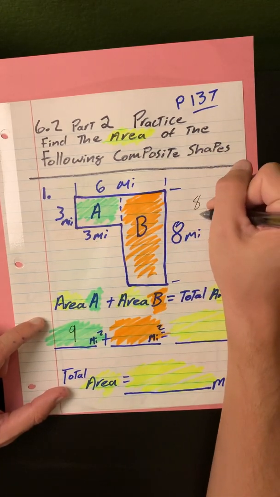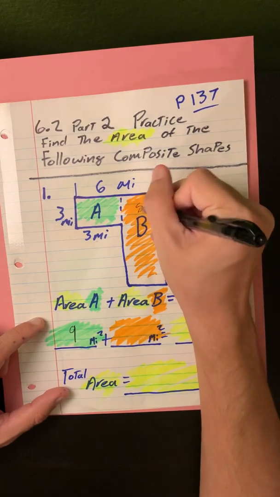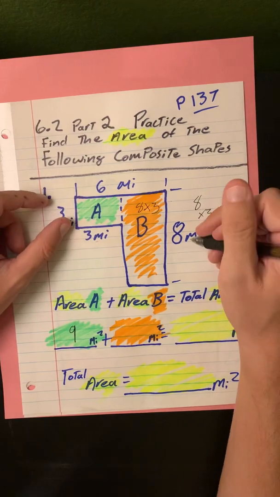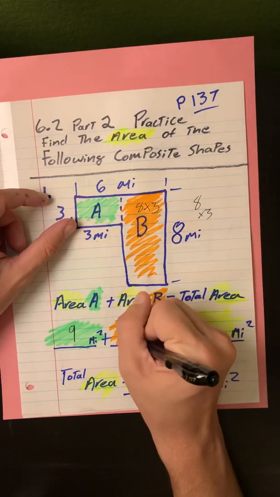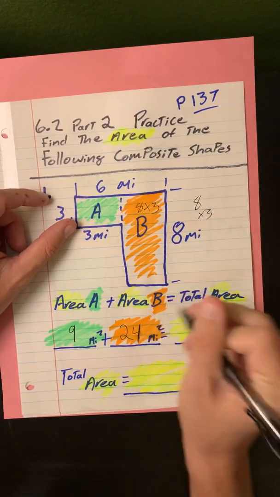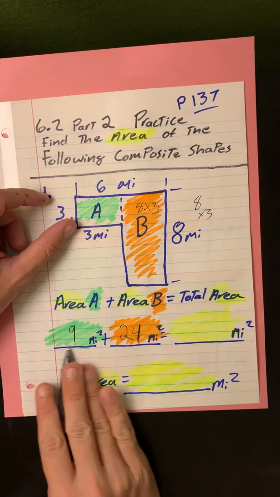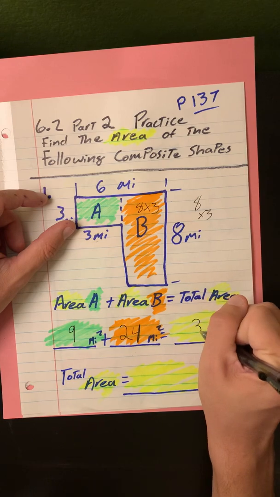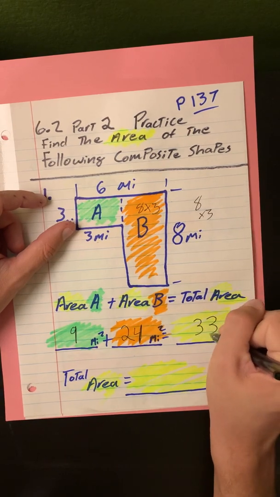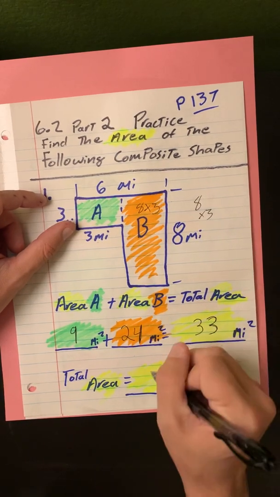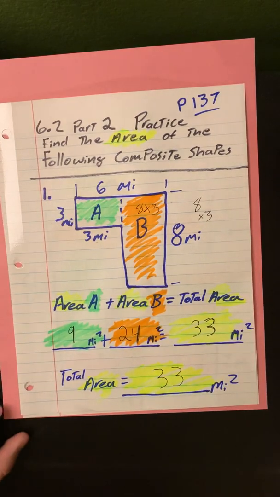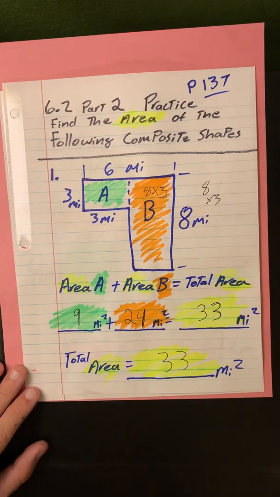So 8 times 3 will give me the area of B. 8 times 3 is 24. And so if I add 9 square miles plus 24 square miles, that will give me 33 square miles for a total area of 33 square miles.